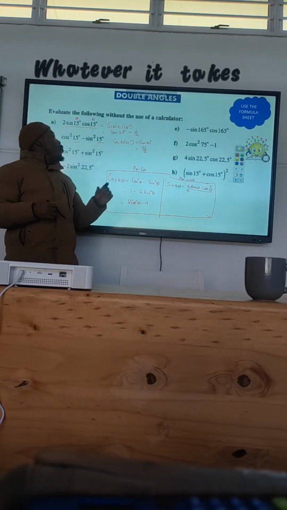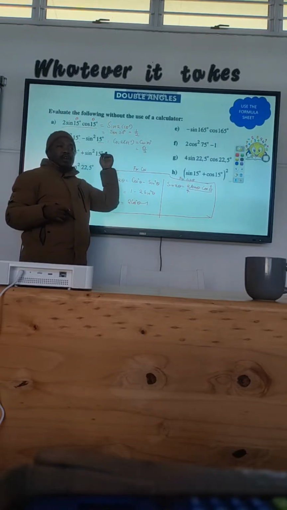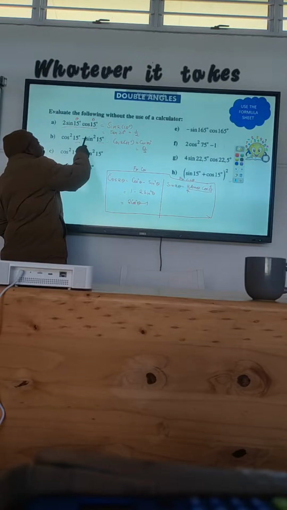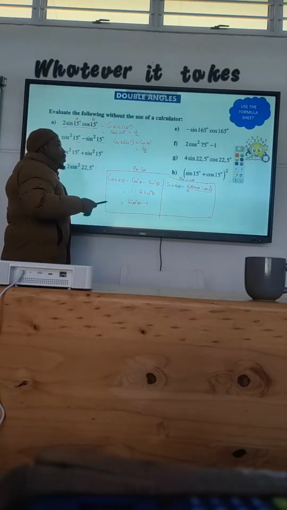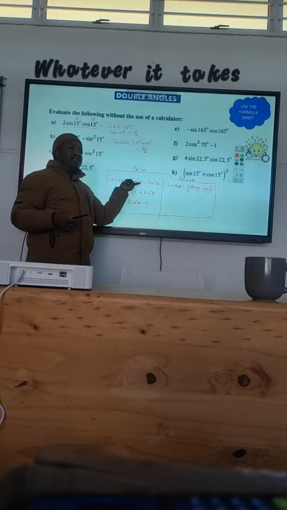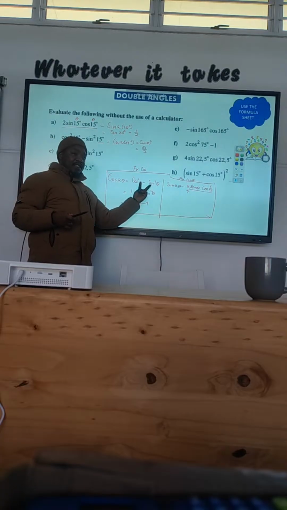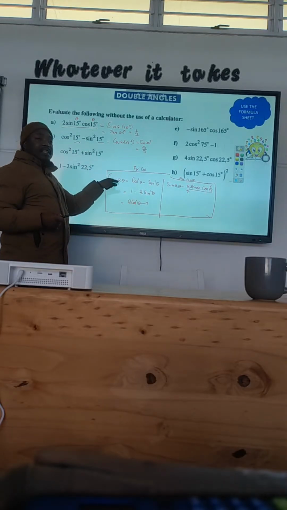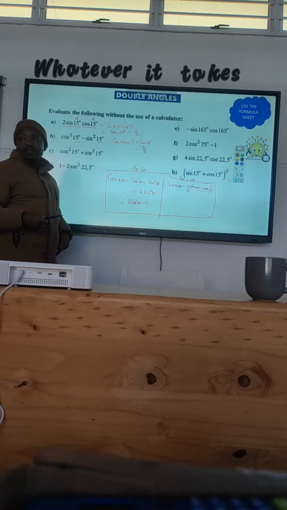Makes sense? We do the same thing for cos. When you look at this one for cos, you have a cos squared of 15 minus the sine squared of 15, which is actually the same, with 15 being the theta. You see? And then we just use the double angle of cos.